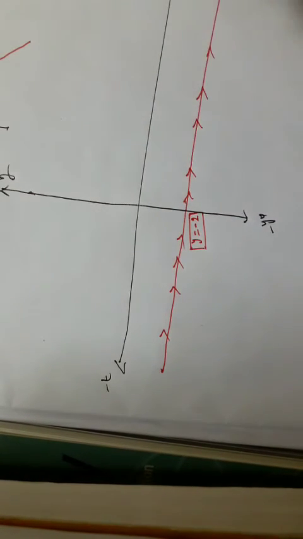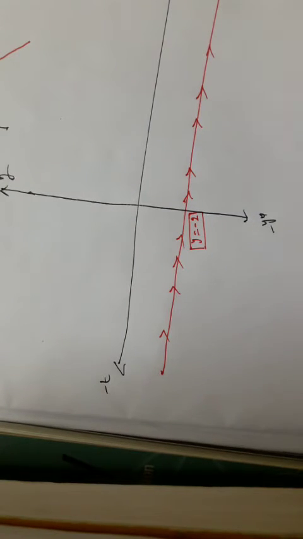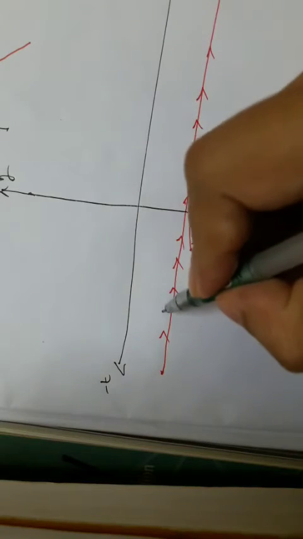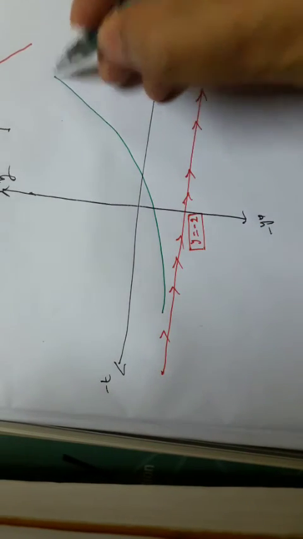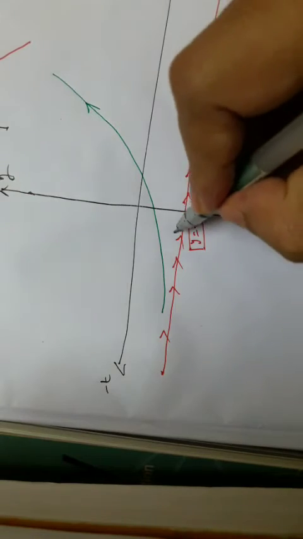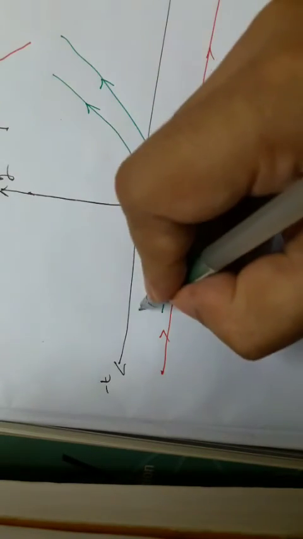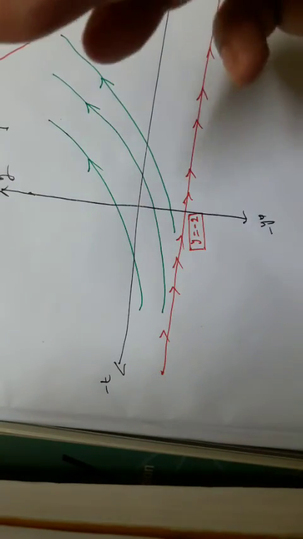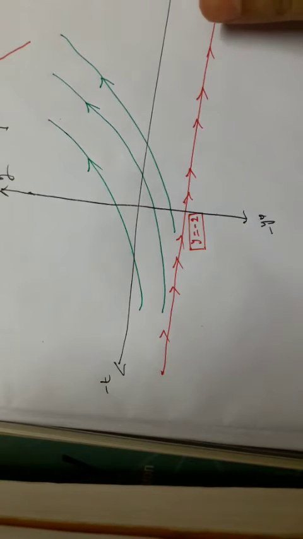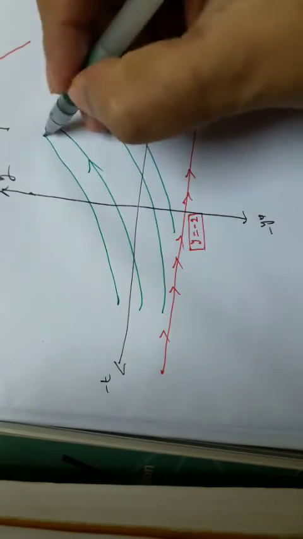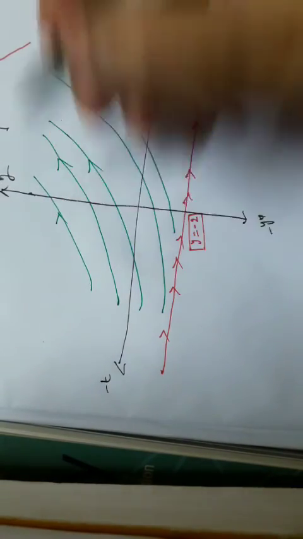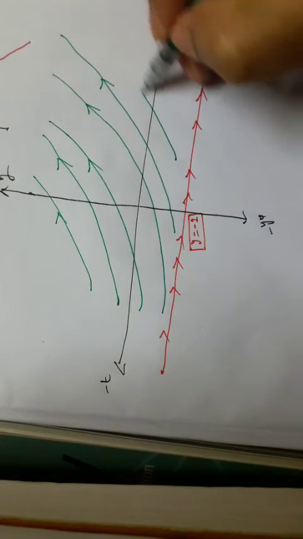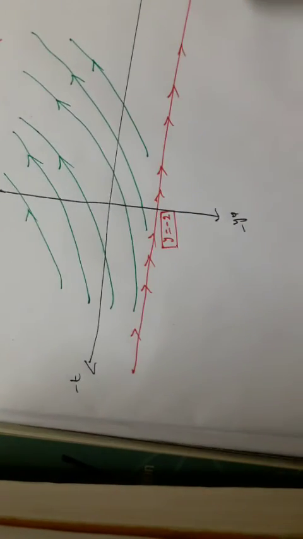How? We have seen just now. If I stand here, we always move like this, away from the steady state. All these lines in this area will be solutions of the given differential equation. Like this, the phase space or slope field will be like this, and in the lower part also.